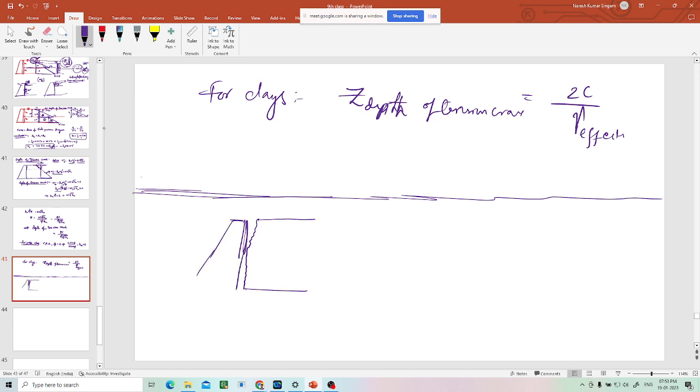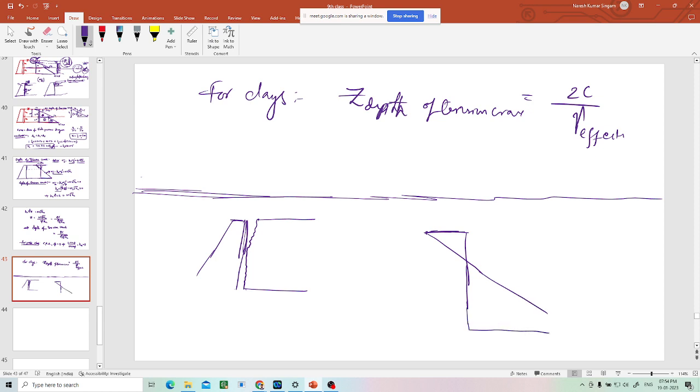First I'll draw the diagram. Okay, so there is some negative pressure, there is some positive pressure as you go down.